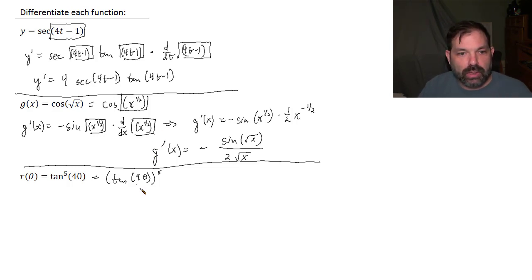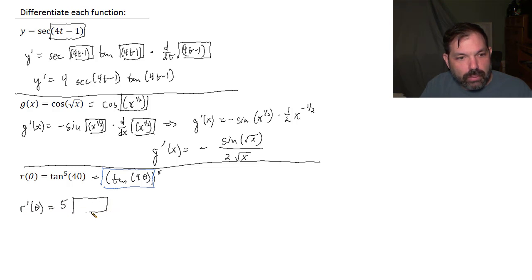So this one's a little tougher. Let's start by thinking of this as something to the 5th power. Then r prime of theta would be 5 times something to the 4th power times the derivative with respect to theta of that something.